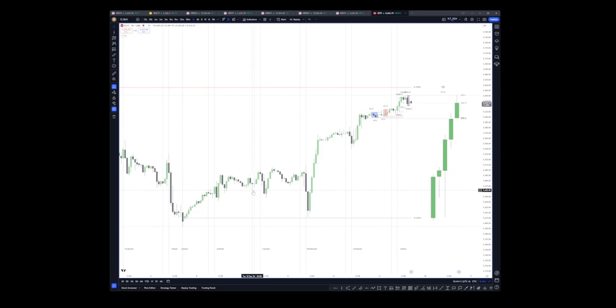Monday also, starting from Monday, all you can see is consolidation happening. Wednesday is when the actual move started. So you can start trading from Wednesday onwards and then continue.